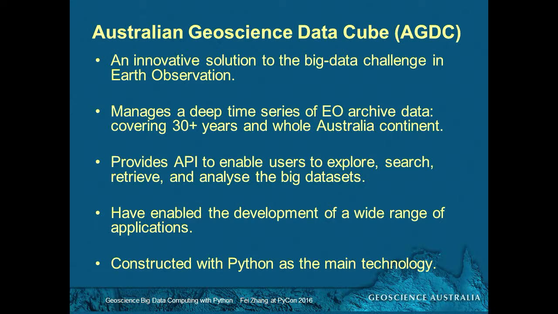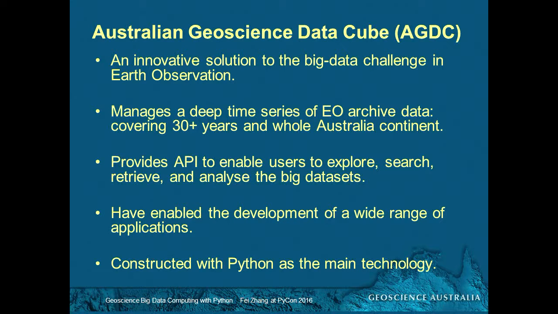The system manages a deep time series of Earth observation archive data, covering 30 plus years and the whole Australian continent. Previously, 10 years ago, people basically only studied one particular area. But nowadays, we study the whole continent with satellite imagery. The system provides an API to enable users to explore, search, retrieve, and analyze the big datasets.